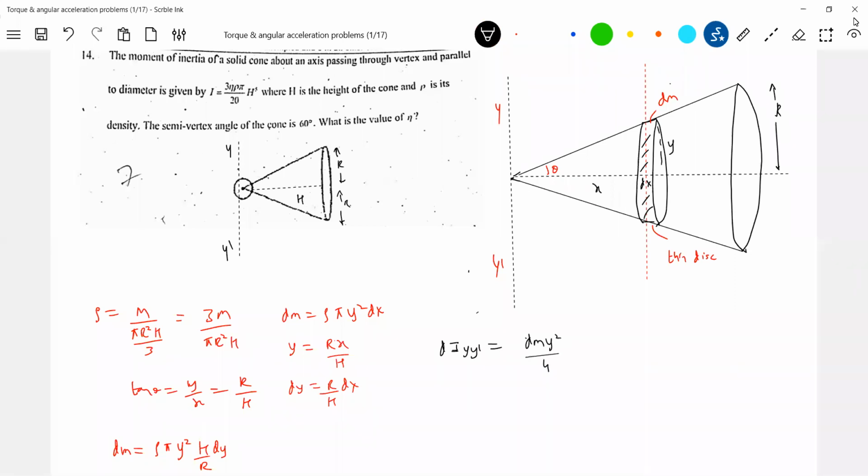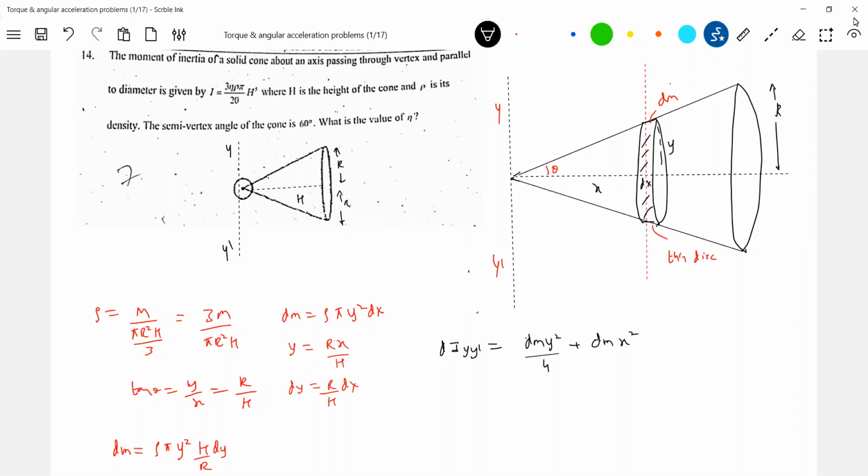Will I agree? About any diameter, m r square by 4. The radius of that is y, mass is dm, and this is 4. Plus at what distance is the thin disk we assumed? At a distance x square. So now you can replace that x using this formula. Integrate this, you'll get the required answer.